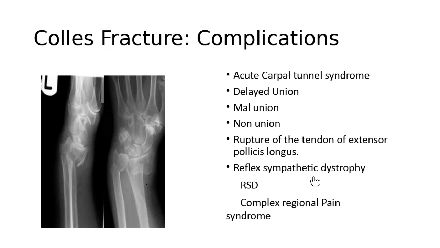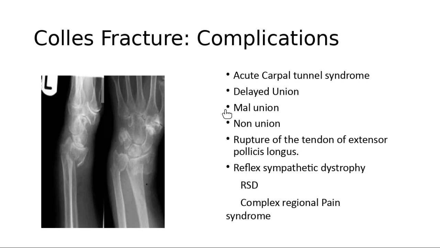Now, what are some of the problems that can be faced with Colles fracture? As I mentioned before, you can have what we call the acute carpal tunnel syndrome, where there's compression of the median nerve as it passes through the carpal tunnel as a result of the swelling that you get. You can get also delayed union of your fracture.